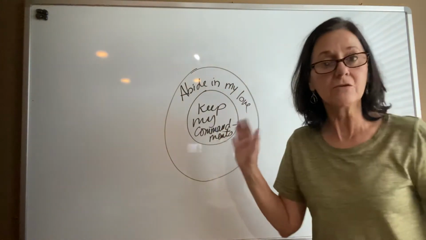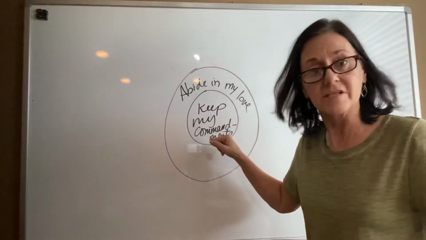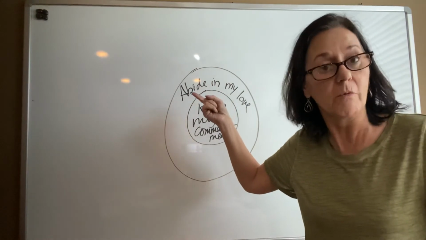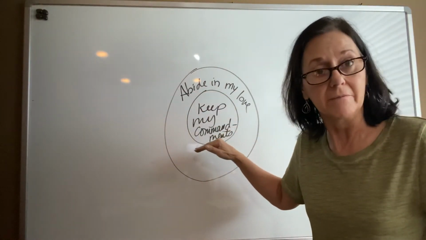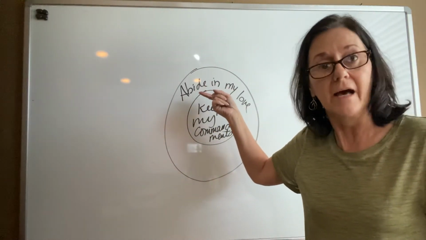So given this Euler diagram, I could write a conditional statement. The hypothesis is keep my commandments. The conclusion is abide in my love. So what would the conditional statement be? If you keep my commandments, then you will abide in my love.